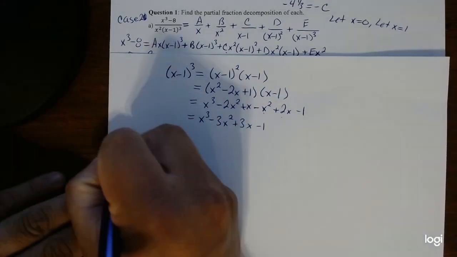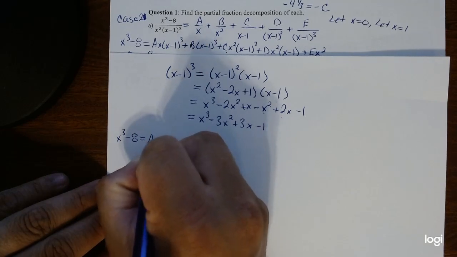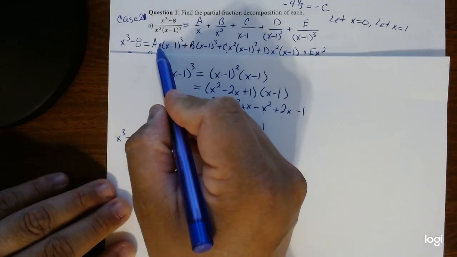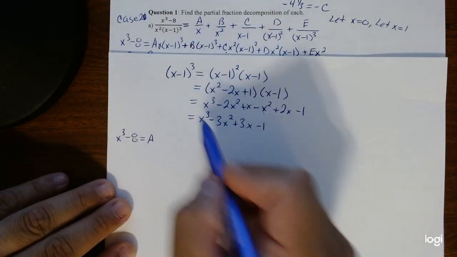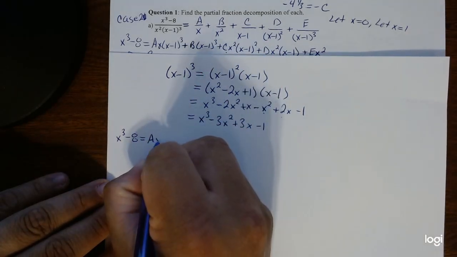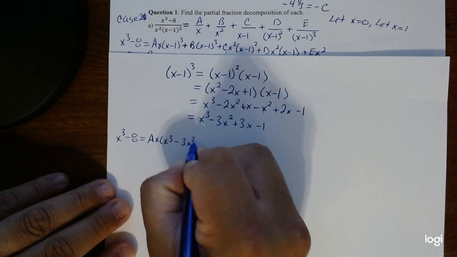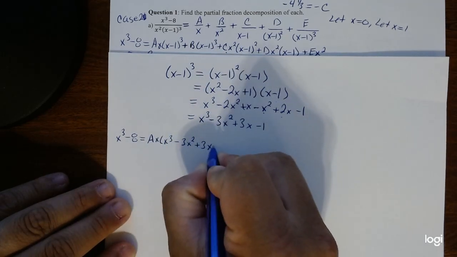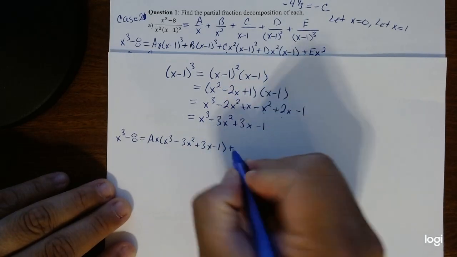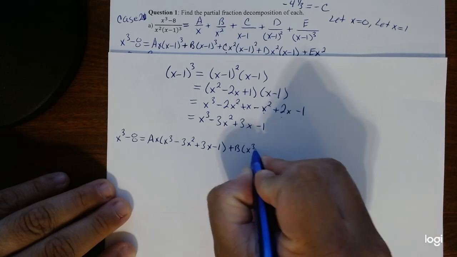So I have x to the third minus 8 is equal to a. And since there's an x out here, I'm just going to rewrite that with a multiplication in here. So I'll just do each step at a time. Plus b, and this one's just itself again.